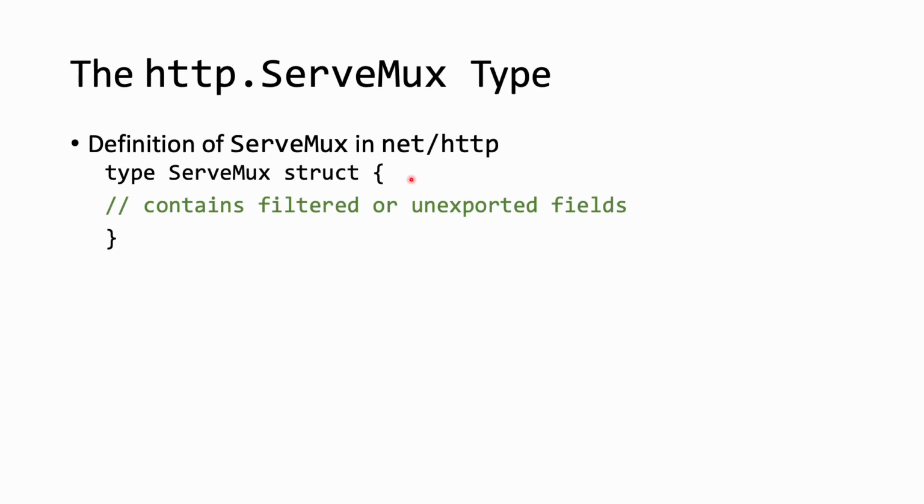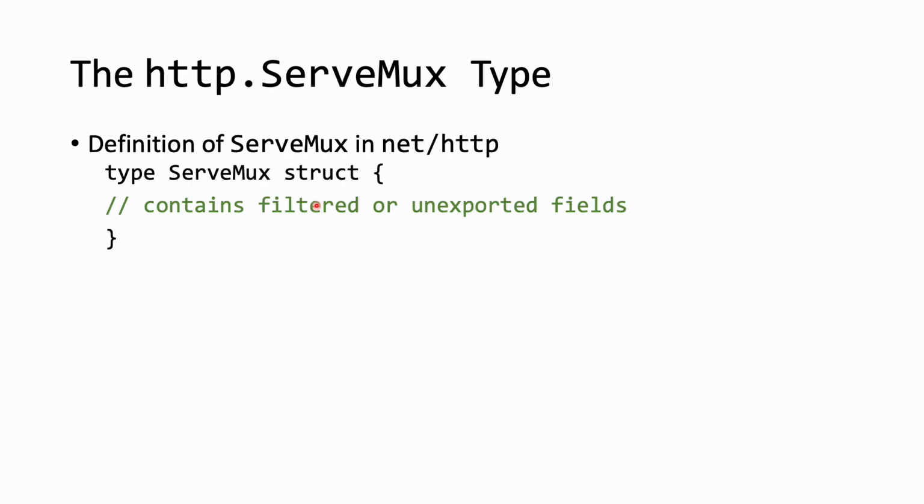Here is the definition of ServeMux in package net/http. It is defined as a struct without any exported fields. That means that we cannot use any field of ServeMux directly.